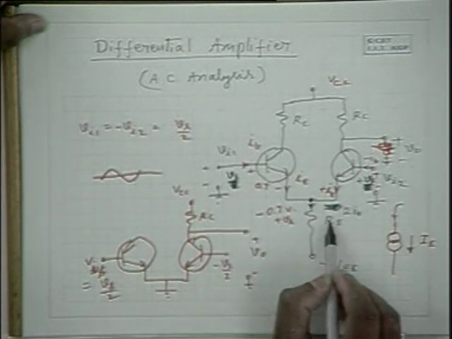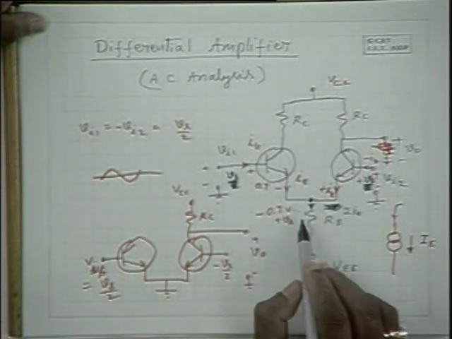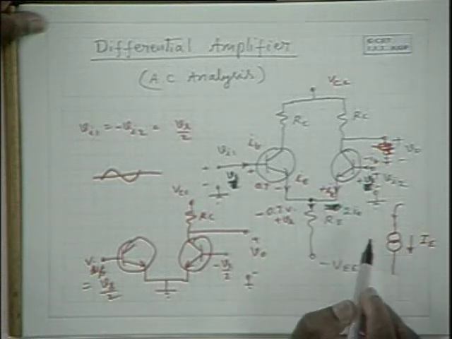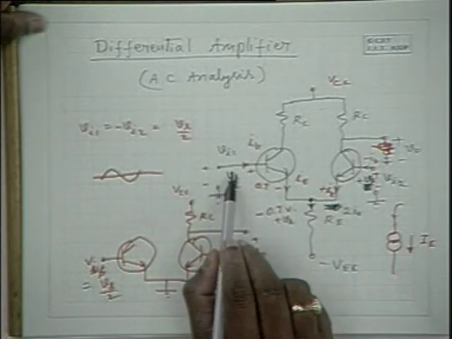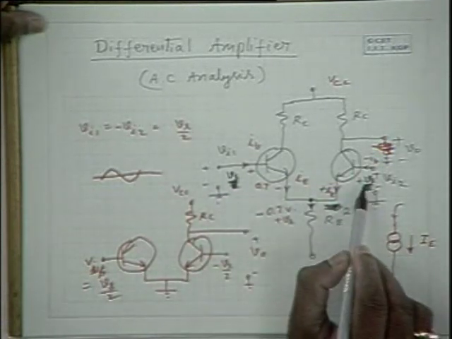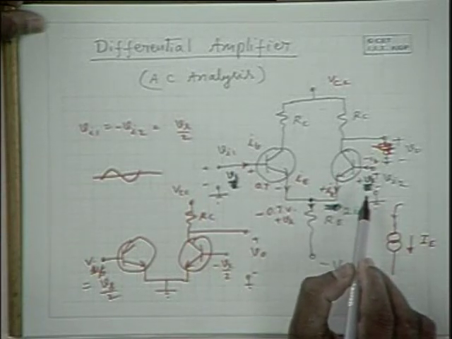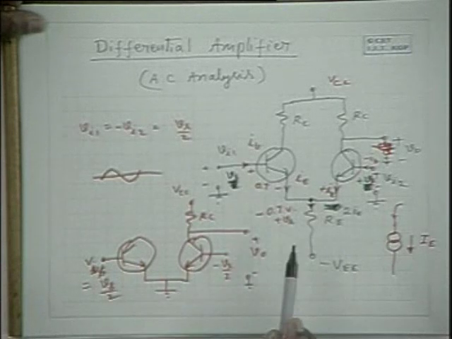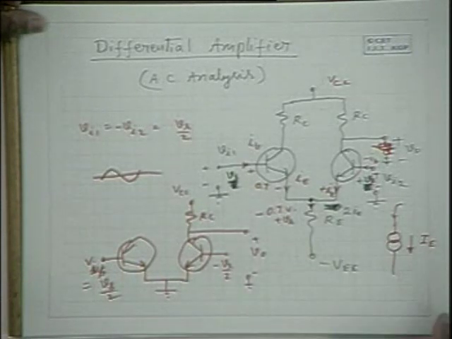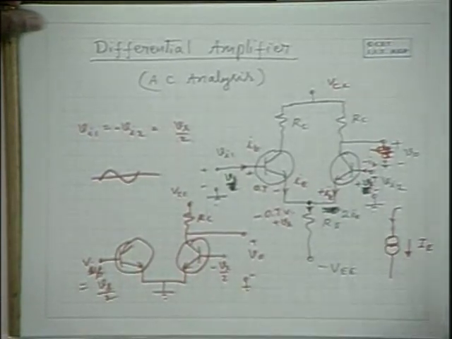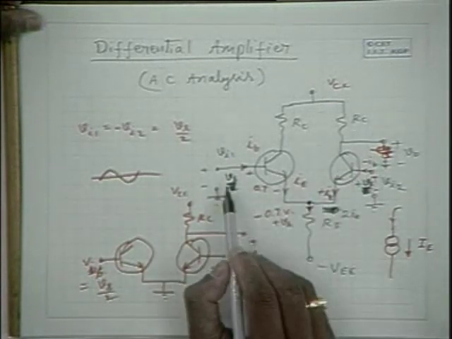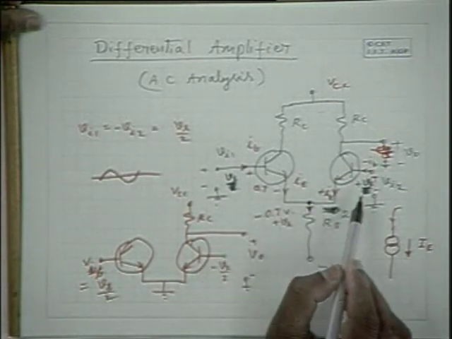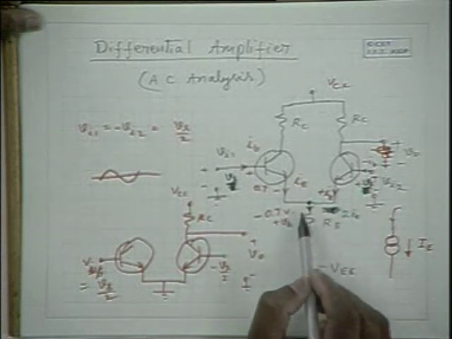Please note that the situation of RE becoming 0 arises only when you apply a signal Vs here and minus Vs here. Only in that case there is no change in potential and this is equivalent to ground. But in this situation where you have a common mode signal, that means Vs here and Vs here, it is not like that.